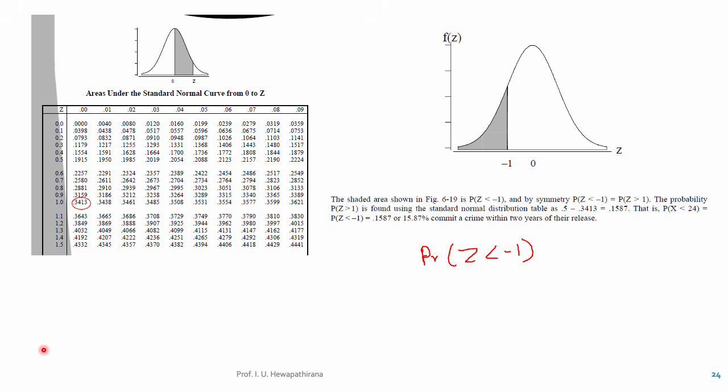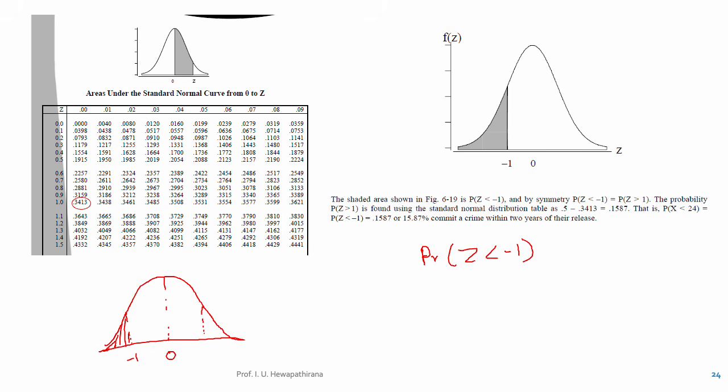Right, so let's first look at our density curve. So this is our density curve, and this is the mean equal to 0. And this is Z equals -1, and this is the probability that we are interested in calculating. We know that the normal density curve is symmetric.